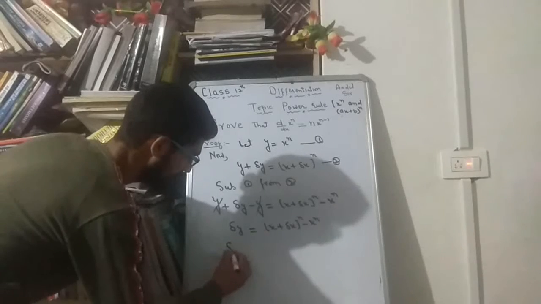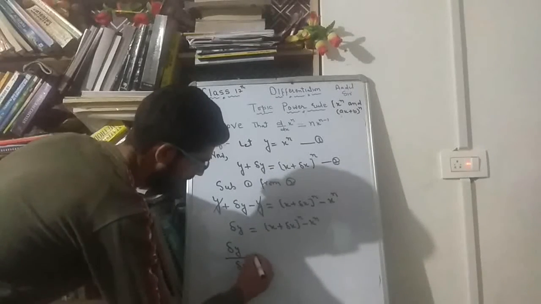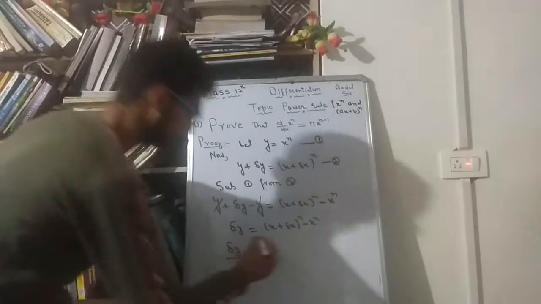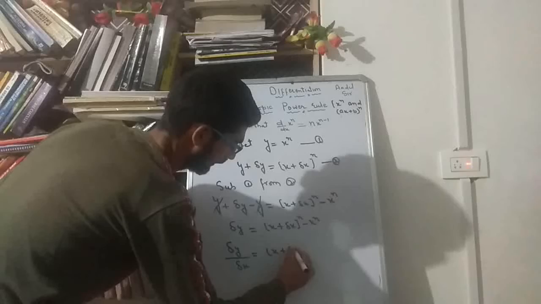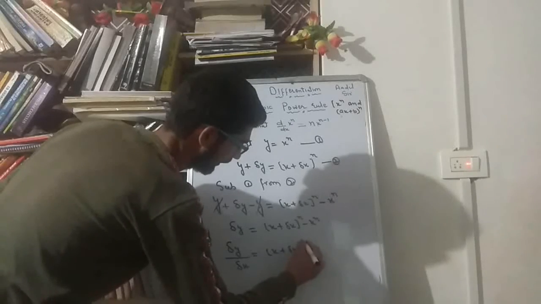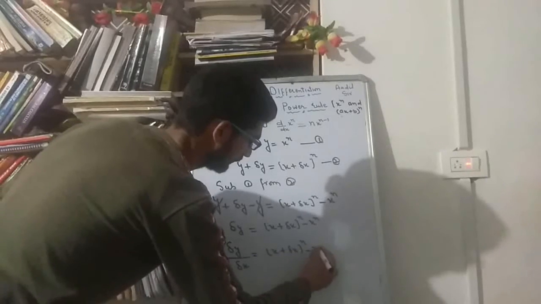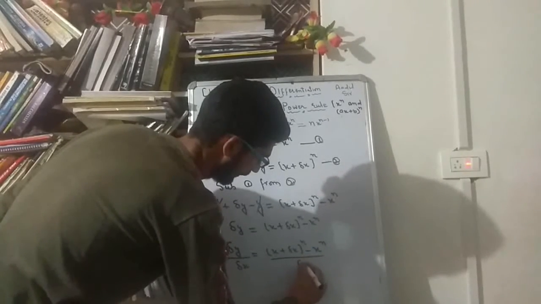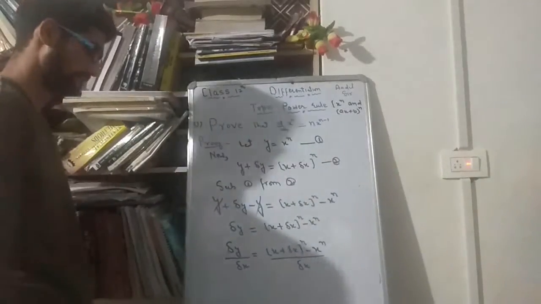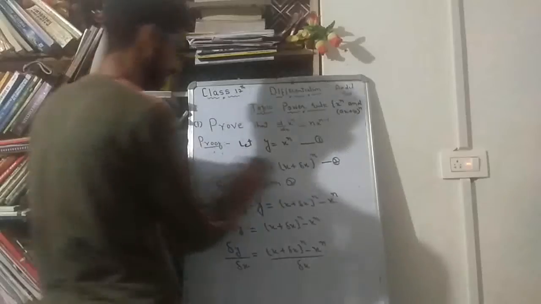It will be del y divided by del x equals ((x plus del x) power n minus x^n) divided by del x. So we are now here.